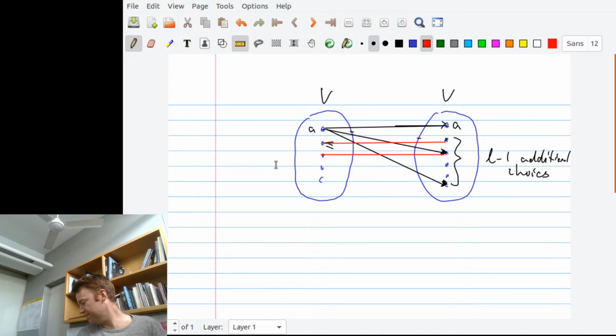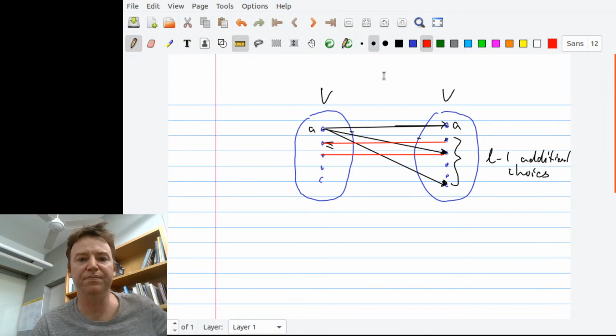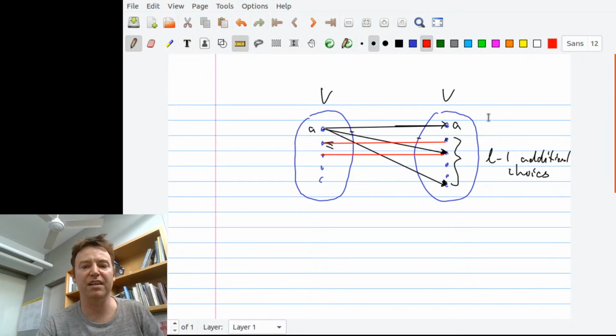Yep. So a binary relation. The element v cross v. There are 2 to the L elements of that, but what I need is the power set of that, because I want any subset of v cross v.